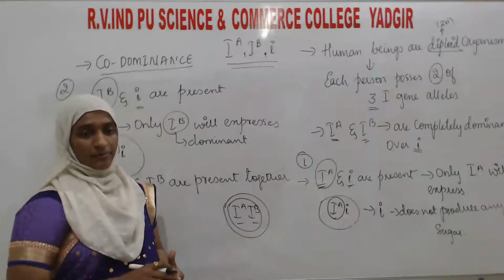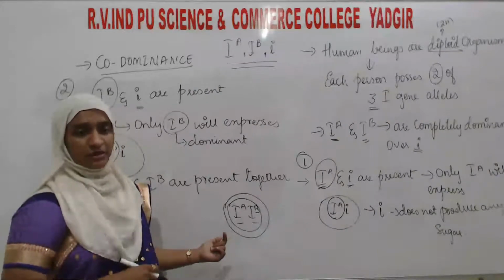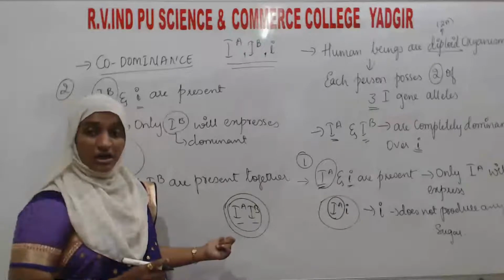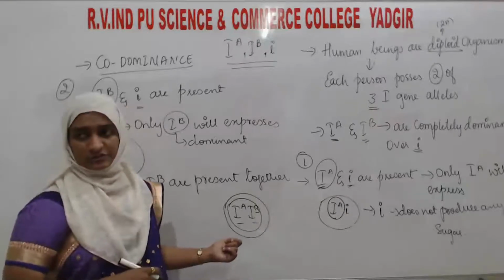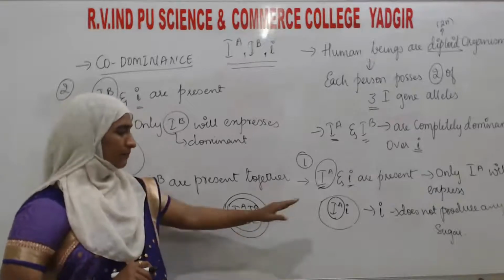In that condition, what happens? Who is going to express and who is not? In this, they both are dominant, they both will express, because there is no recessive gene.